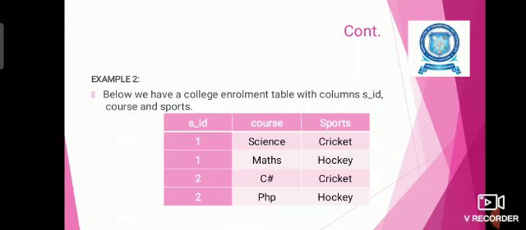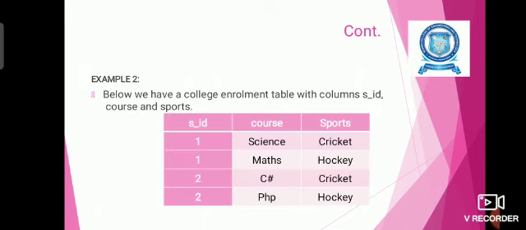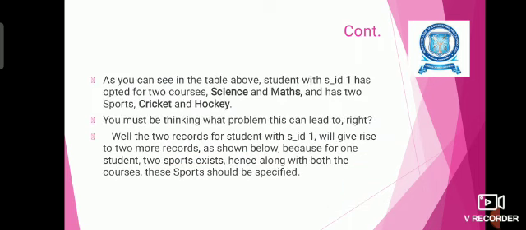Since the same student is undergoing different courses and the same student is playing different sports like cricket and hockey, this leads to multivalued dependency of the student on course and sports.